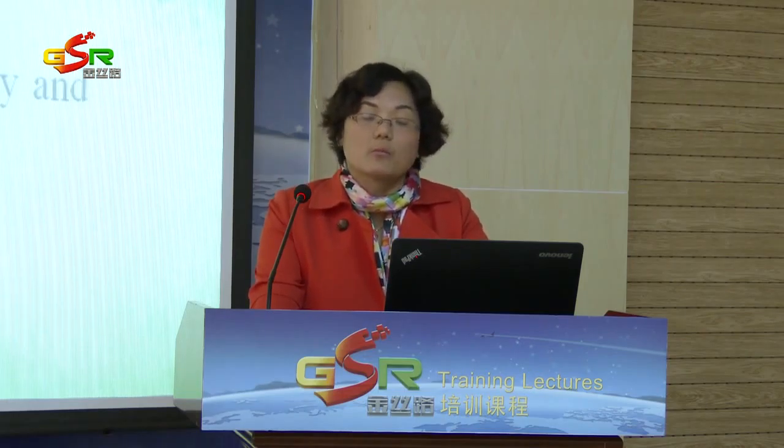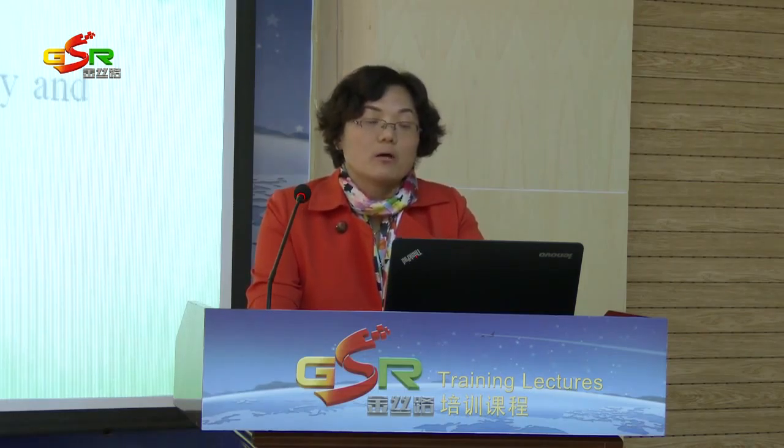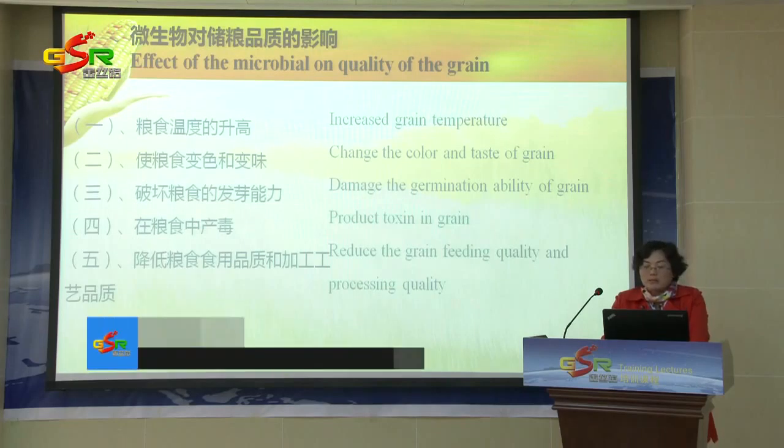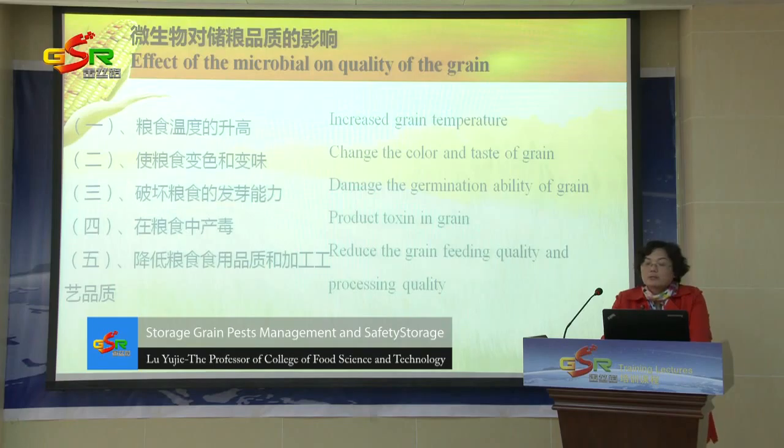Okay, we know the effect of microorganisms on the quality of grain. How do molds affect the quality of grain? First, molds undergo metabolism, so they can increase the grain temperature.